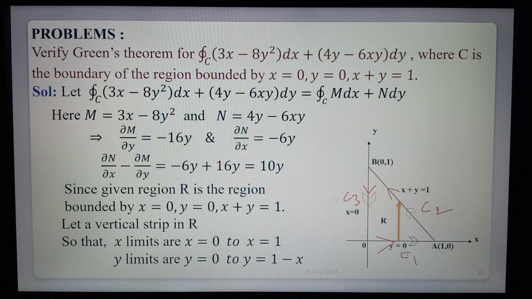Given C is bounded by 3 lines: C1 is the line OA, C2 is the line AB, and C3 is the line BO. So the integration over C is equal to the sum of the line integrals over C1, C2 and C3, which is the required line integration of the given curve.